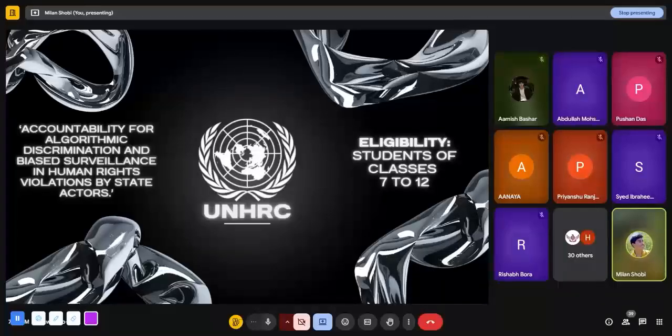Accountability for algorithmic discrimination and biased surveillance in human rights violations by state actors basically means that you need to hold these state actors accountable for algorithmic discrimination, which is very similar to what we call systemic discrimination, and biased surveillance in human rights.